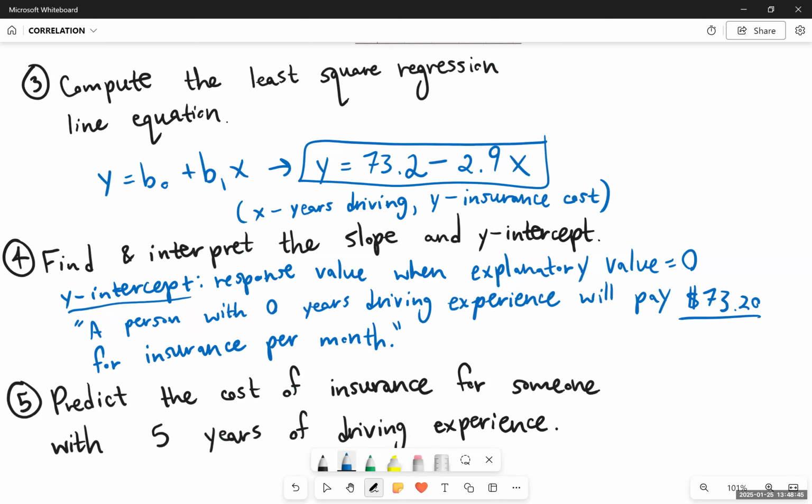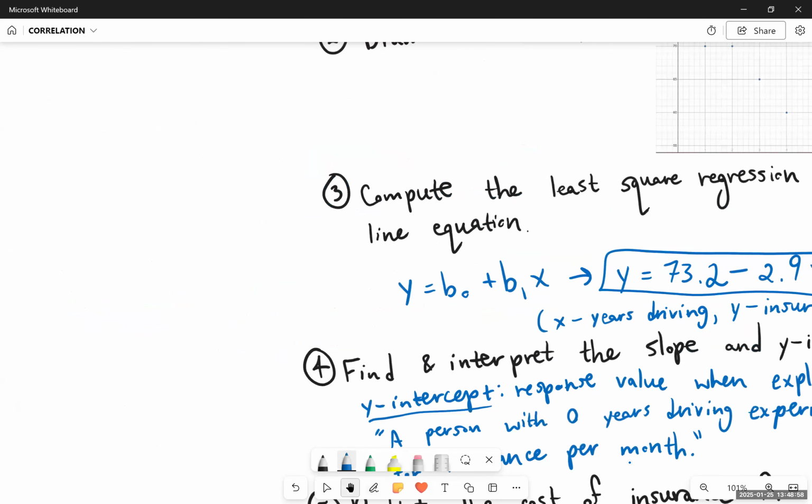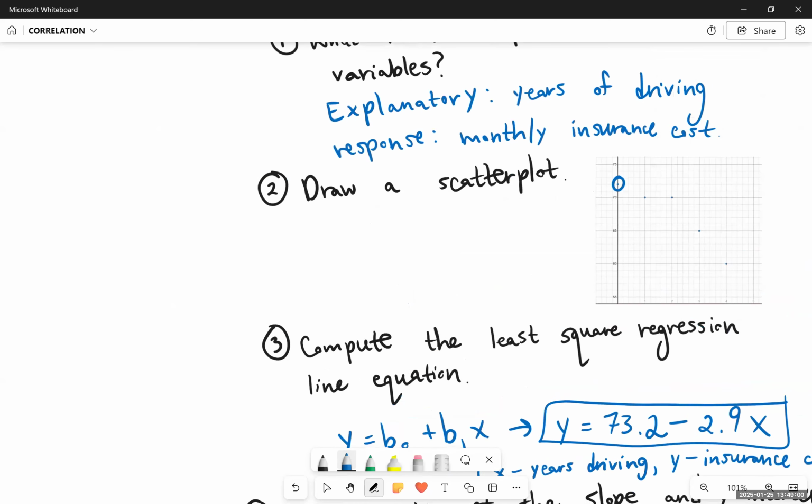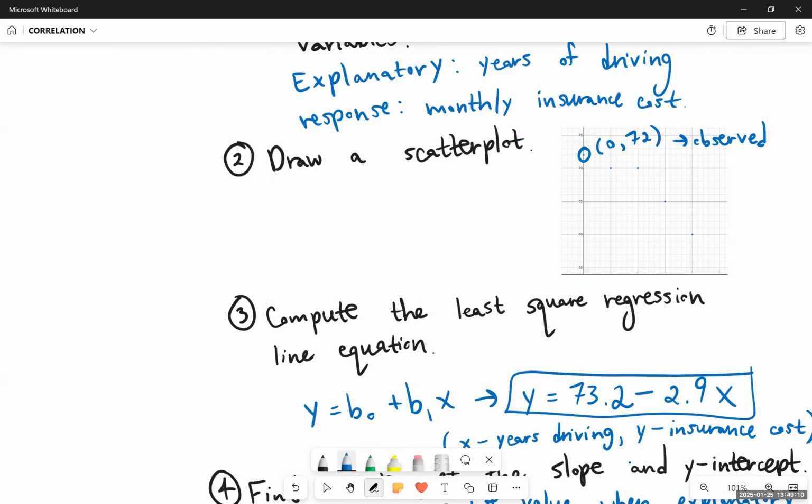So again, when you're using your equation, this is a predicted value. And whatever you get from a table or graph is the observed value. So that person who drove 0 years and paid 72 a month, that would be the actual or observed value. That comes in handy later when you learn about residual.